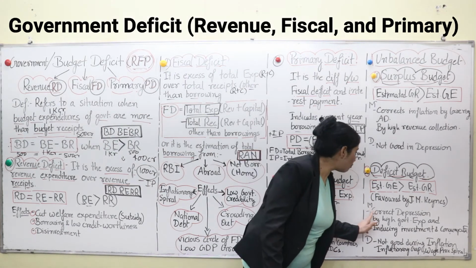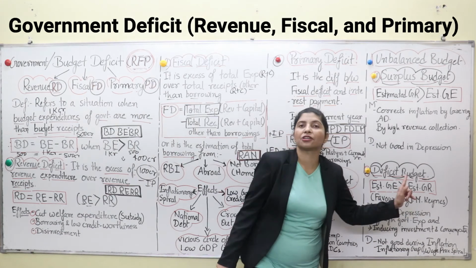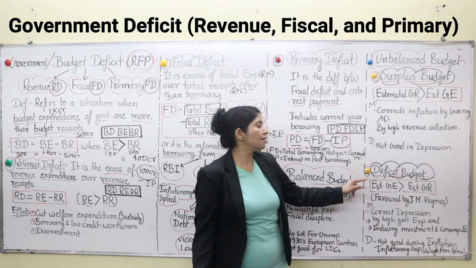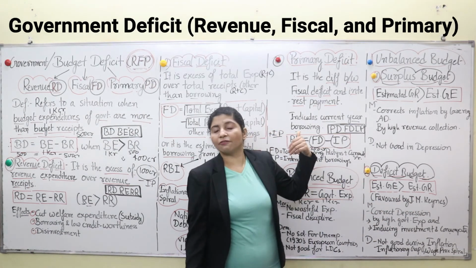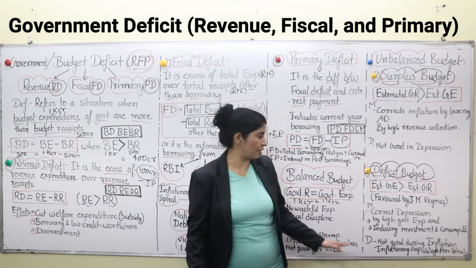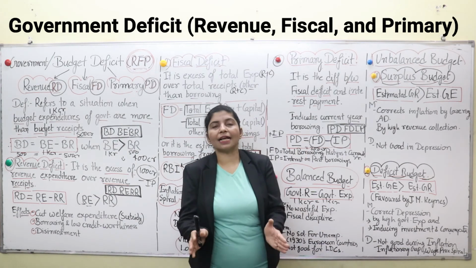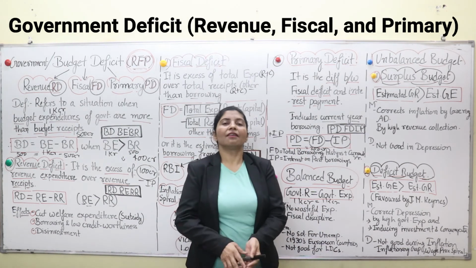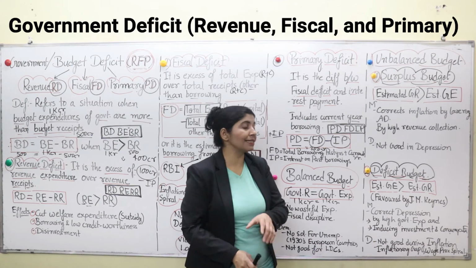Okay. So what is the merit? Corrects depression. I told you J.M. Keynes was existing during the times of depression. So he always tried to correct the depression. So deficit budget is good for depression. When there is depression, government tries to spend more, invest on different types of subsidies and increase aggregate demand.